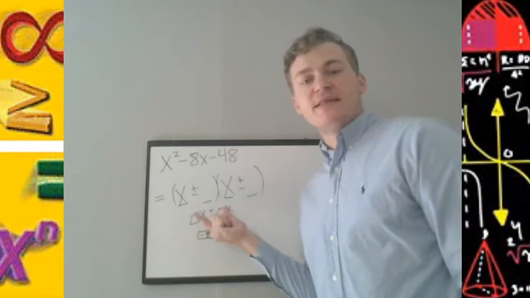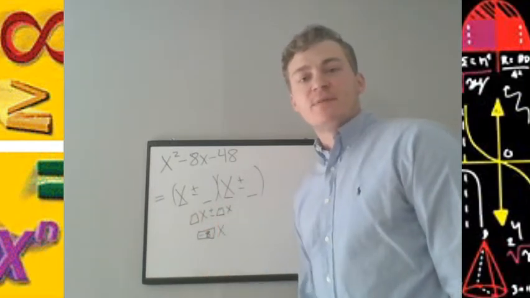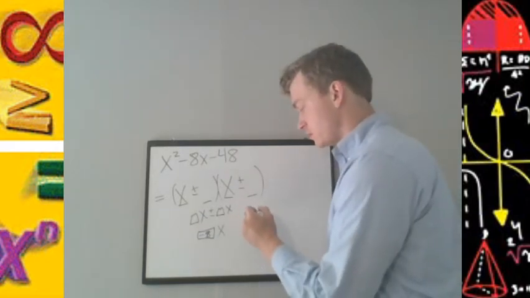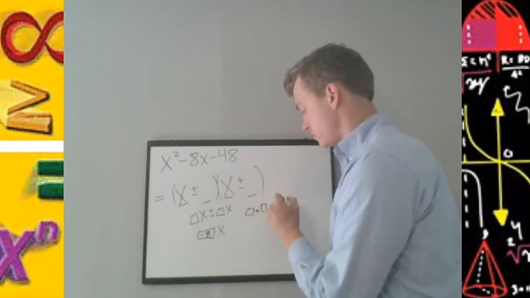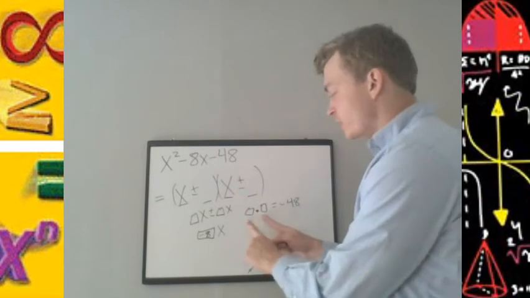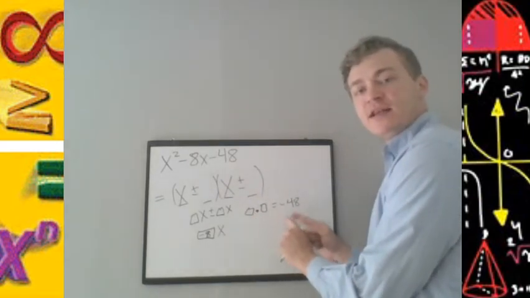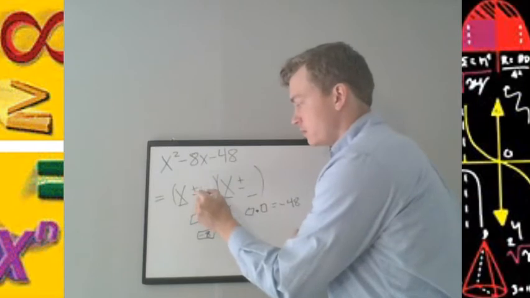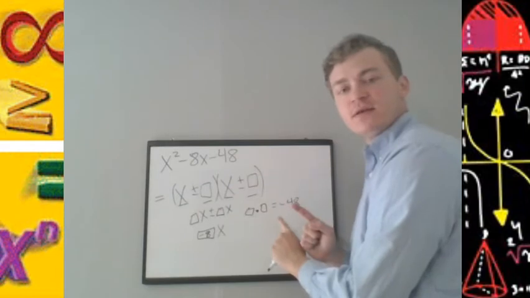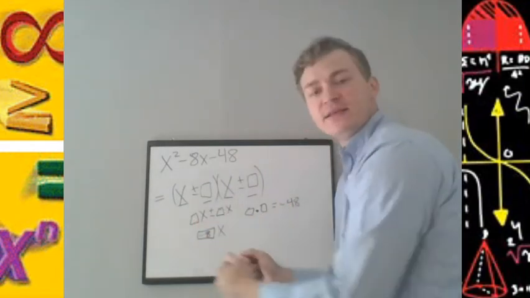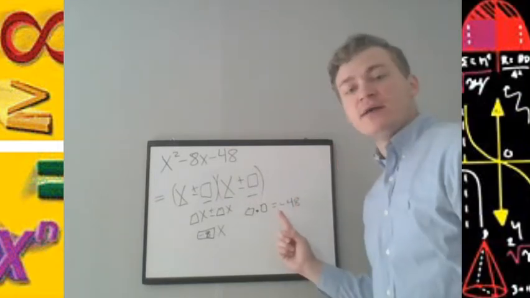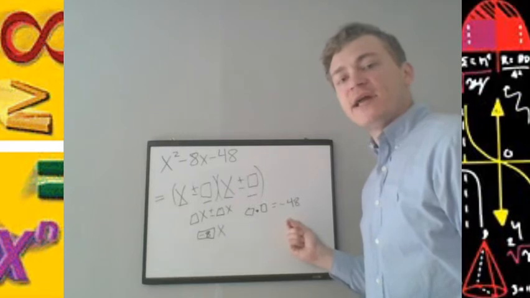So we need to be able to combine these two terms in some way that will give us a minus 8x, while at the same time, these two numbers must multiply to give me a minus 48. So what two numbers can I multiply to get a minus 48? What two numbers can we multiply to get a minus 48 that will at the same time combine to get us a negative 8? So two numbers that multiply to give us negative 48.